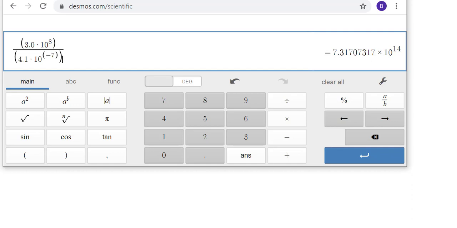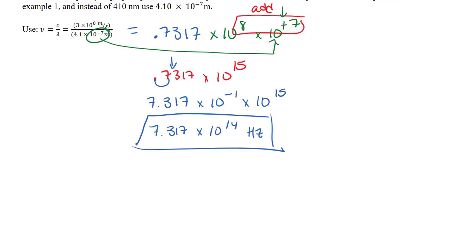Well, look at that. We get 7.317 times 10 to the 14th. So we got the correct answer. If you weren't sure you did it right, you can always check it like that, but it's always good to know how we come about getting the exponent right and our number right. That would be our solution: 7.317 times 10 to the 14th.